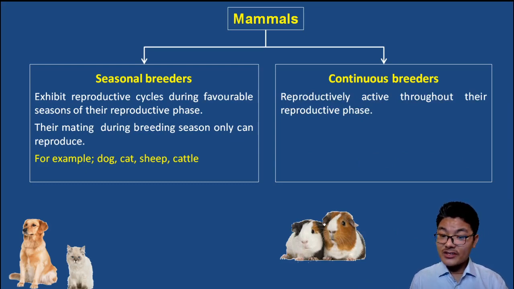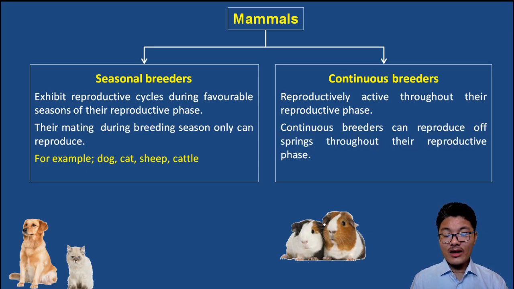Then we have continuous breeders, which are reproductively active throughout the reproductive phase. Continuous breeders reproduce offspring throughout their life because they are reproductively active throughout the life cycle.